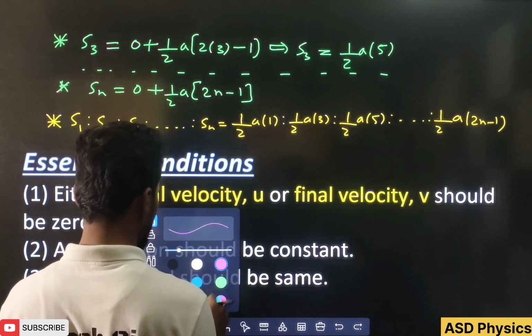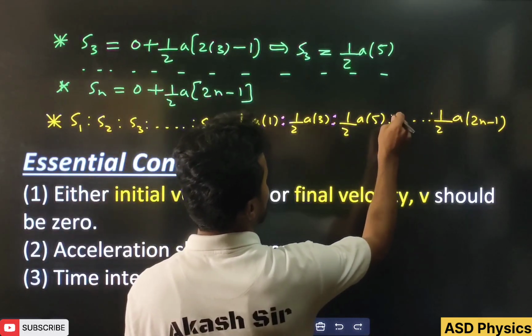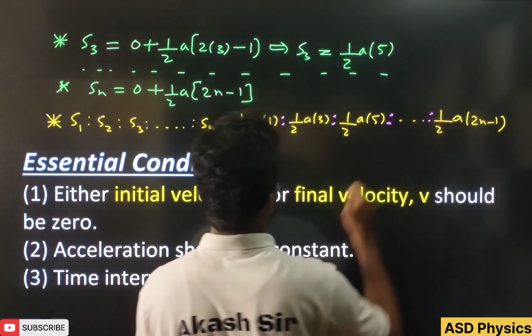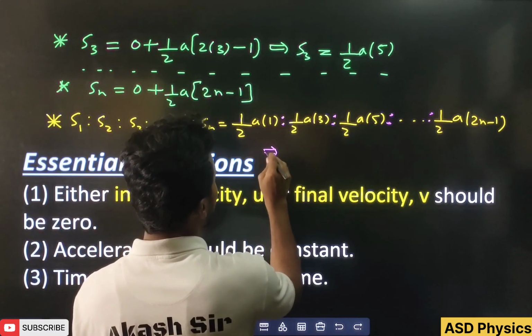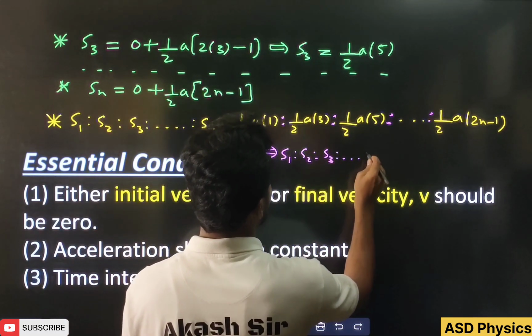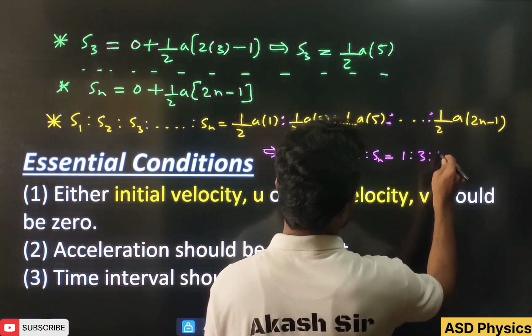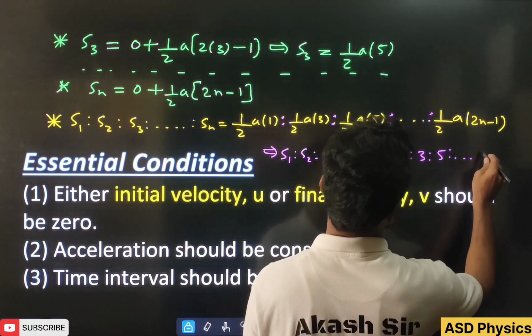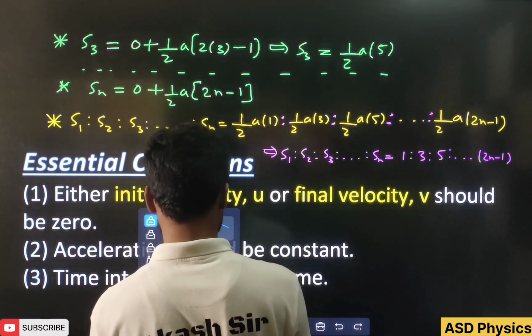I hope this is very clear. Here the ratio sign is there, don't mix it up. All the places where (1/2)a appears will cancel out. Finally S1 : S2 : S3 : ... : Sn will be 1 : 3 : 5 : ... : (2n − 1).